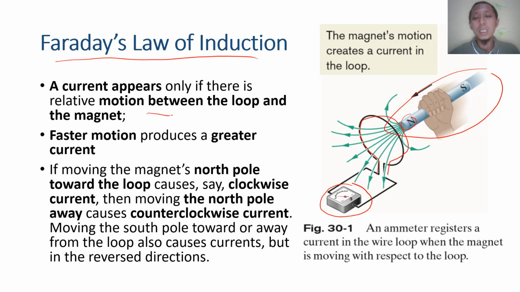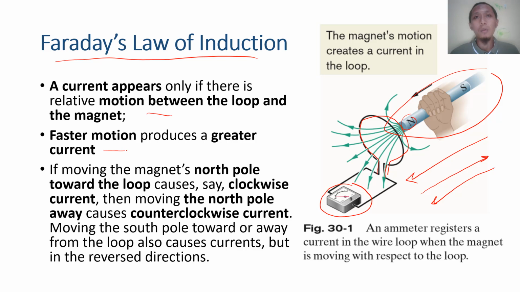If the magnet moves from outside to inside the wire loop and then outside again, inside again like this, there is relative motion between the wire loop and the magnet. So a current will appear in the wire, and faster motion produces a greater current.